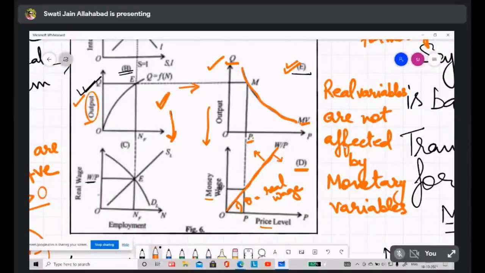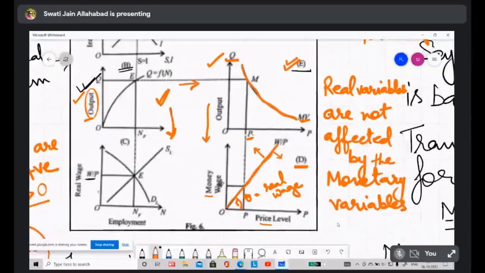This whole five part diagram tells you that real variables are not affected by the monetary variables, or monetary variables are not affected by the real variables. So real variables will affect only real variables, monetary variables will only affect monetary variables.